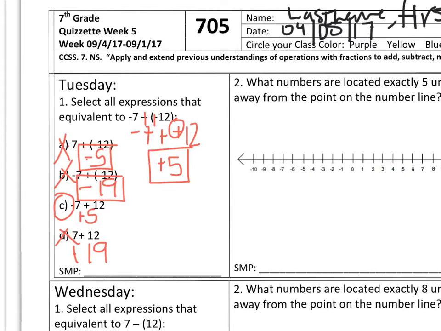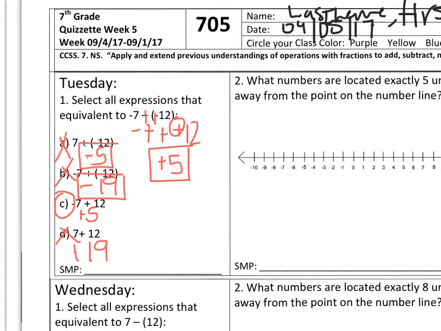On the SMP part, I would want you to write SMP 8 and write the label, which says look for patterns every time. Or you could just write look for patterns, whatever fits. So SMP 8, and then put a quote, look for patterns.